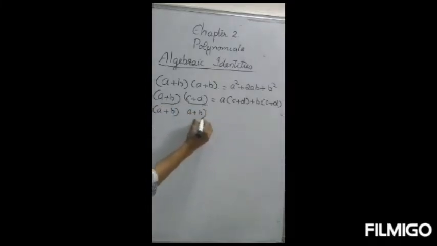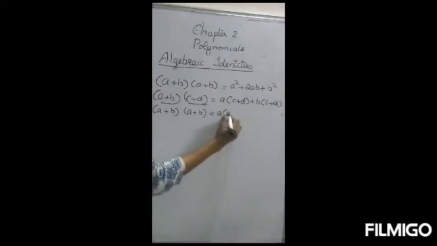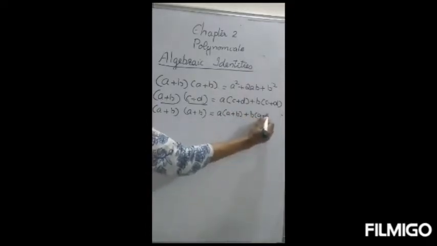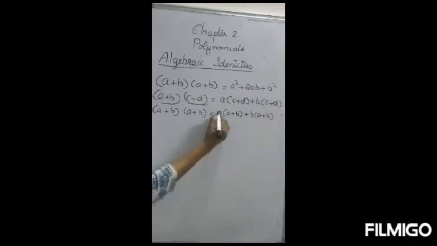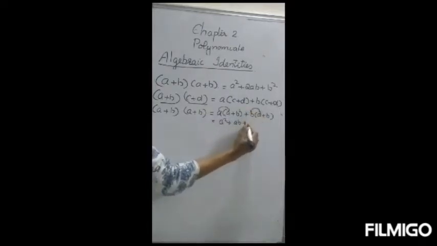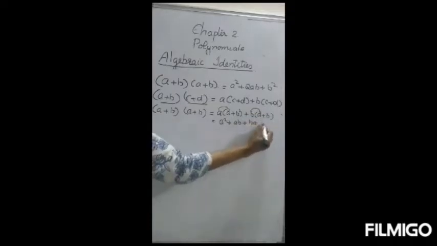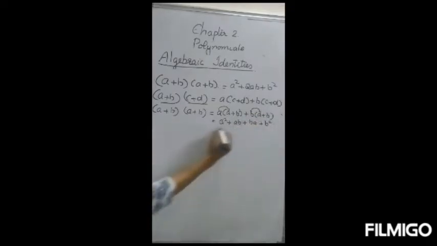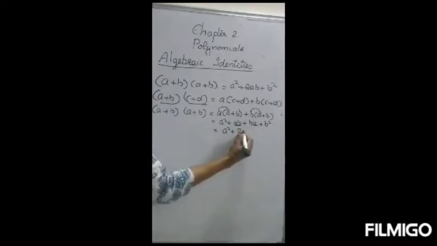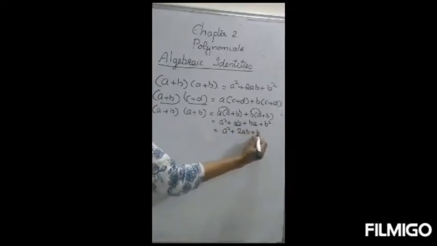Now it is binomial into binomial, that is a(a + b) + b(a + b). That is a² + ab + ba + b². Again simplify, a² plus like terms ab and ab, that is 2ab, plus b².